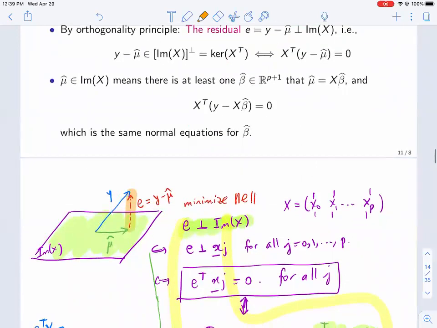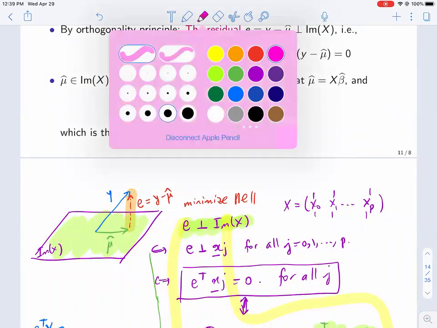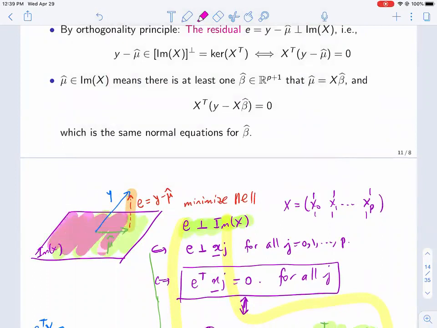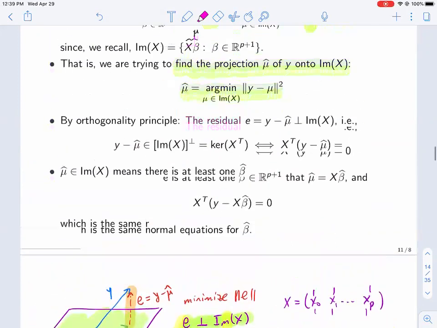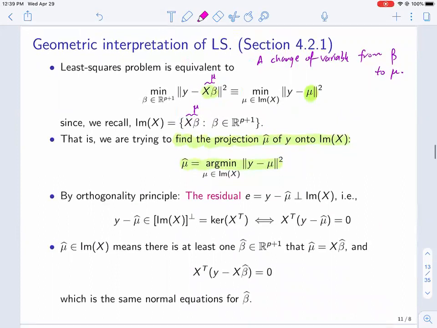So we'll come back to this idea frequently. Our model for the mean of y is this hyperplane, or this linear space. Remember, mu is x beta, and we know that y is x beta plus epsilon.